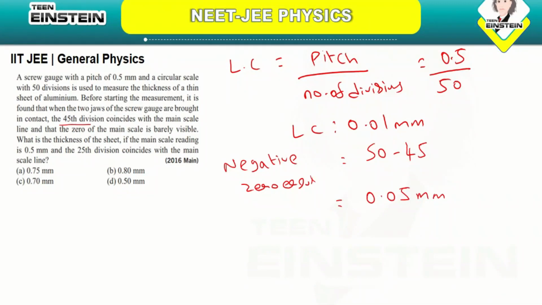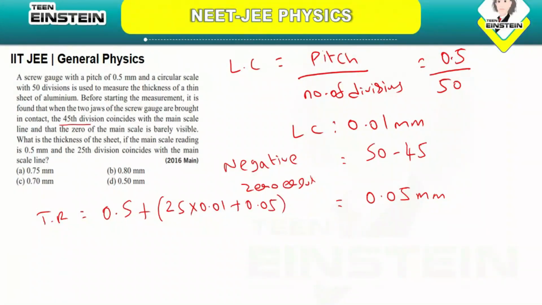So, here the measured value will be equal to main scale reading plus screw gauge reading plus the negative error. Okay. We know that. So, you will be having the total reading as main scale reading, here 0.5, plus 25 into least count 0.01, plus the zero error 0.05.